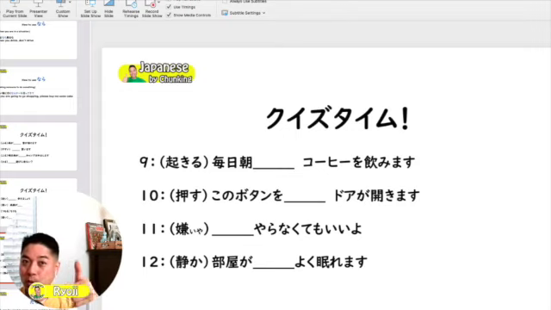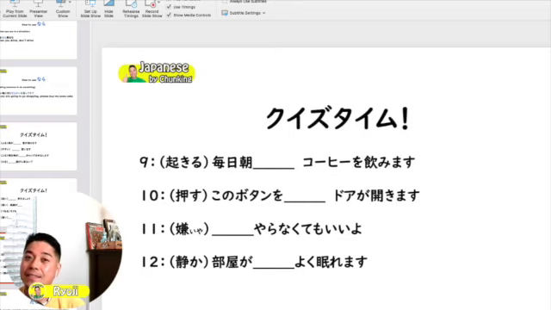Question number 10. 押す。押す means to push, press. このボタンをドアが開きます。Question number 11. いや。いや means like you don't want to do something, you don't like to do something. やらなくてもいいよ means you don't have to do it.